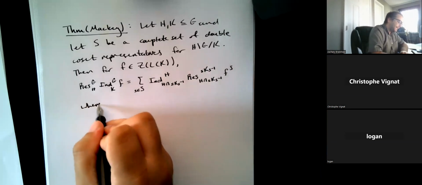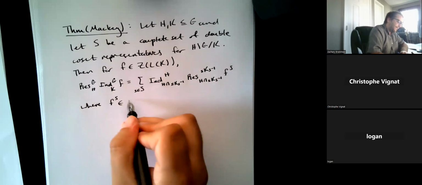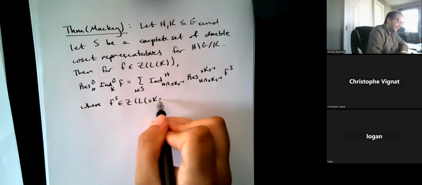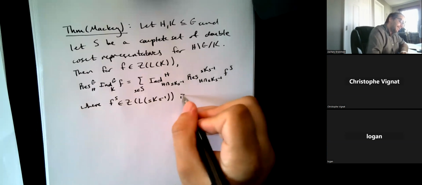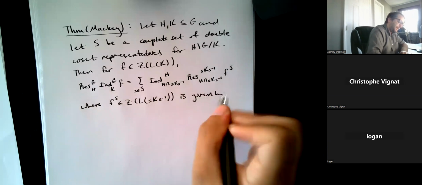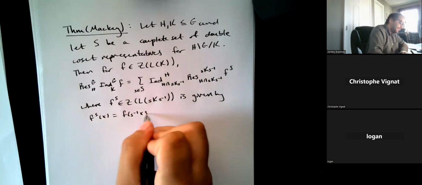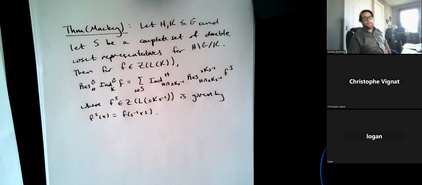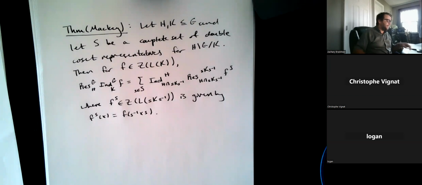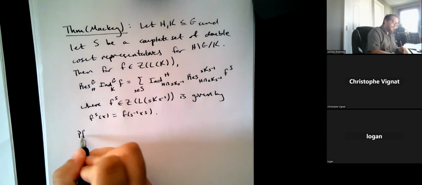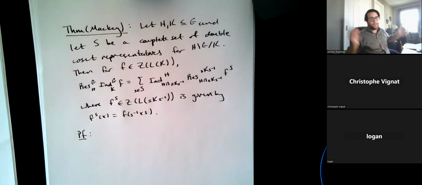Now I have to tell you what f^s means. First of all, it's an element of the class functions of sKs inverse, and it's given by f^s of x is f of s inverse x s. Okay, so that looks terrible. If I knew a way to fix the notation, I would, but it is what it is. But this is the big result that's going to tell us how this thing behaves.